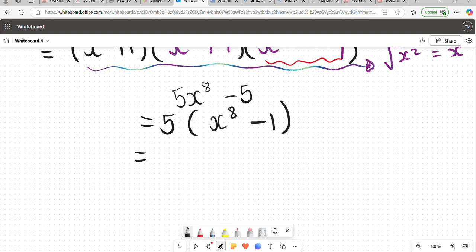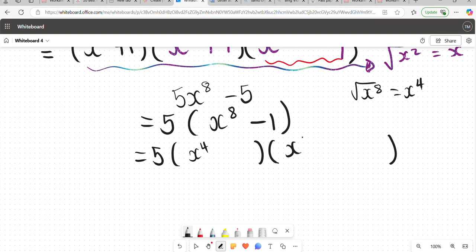I keep the 5 that I've factored out outside. And I do my difference of 2 squares. If you're square rooting an x to the 8, remember the 2 is dividing the 8 and I get an x to the 4. So that x to the 4 goes there and an x to the 4 goes there. If you square root a 1, you get a 1.